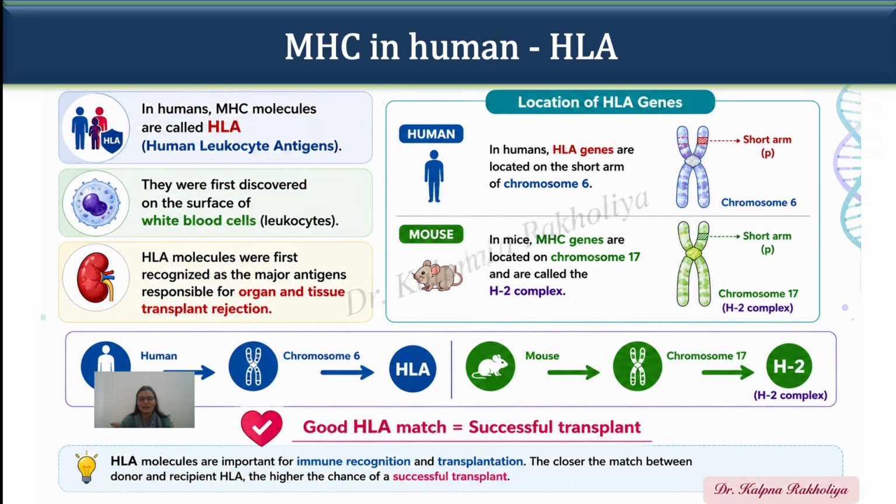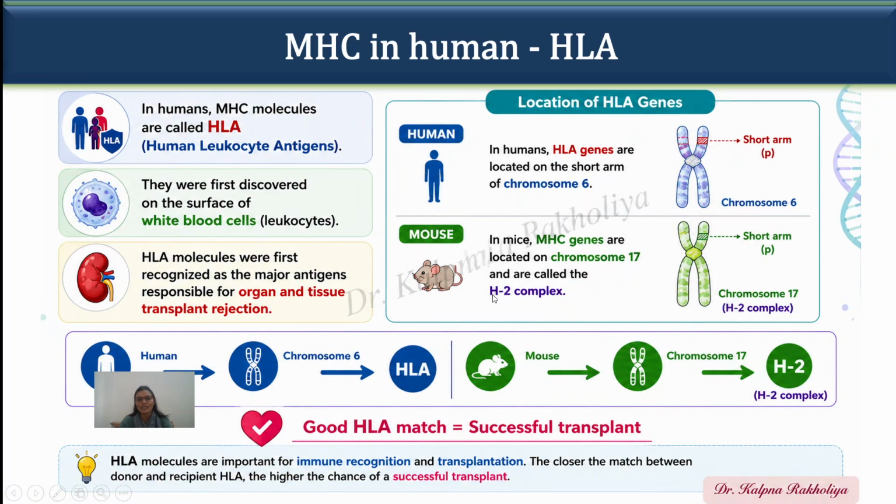So let's discuss where HLA is present. In humans, HLA genes are located on the short arm of chromosome number 6, right? While in mice, the MHC genes are located on the short arm of chromosome number 17, and it is called the H2 complex.